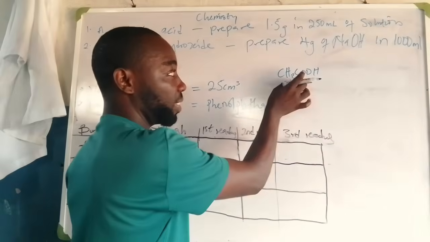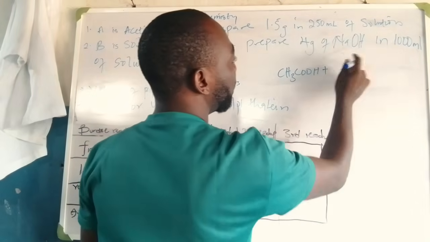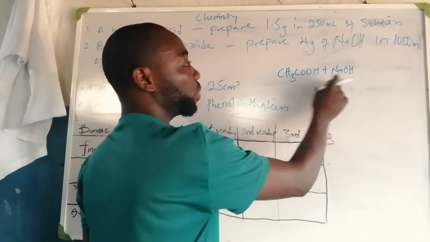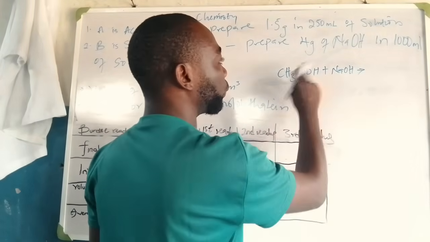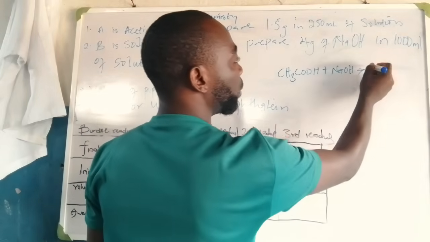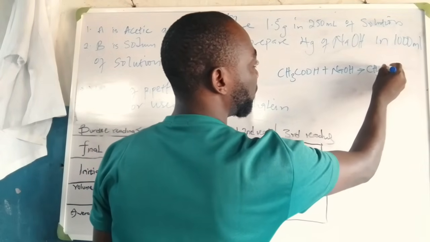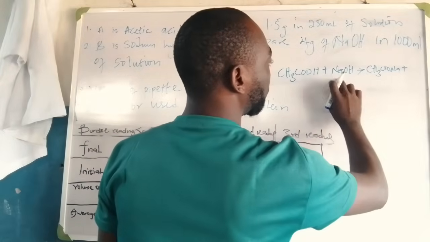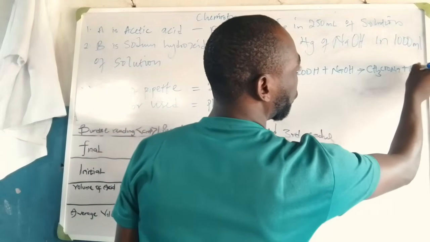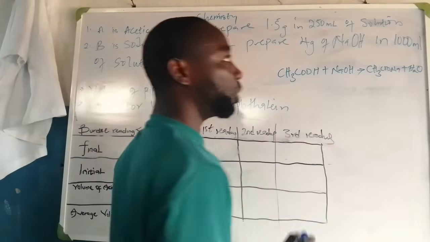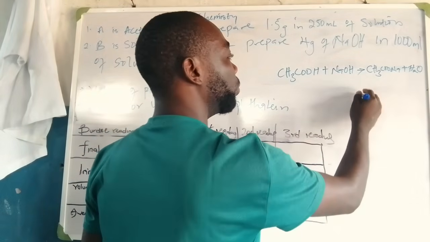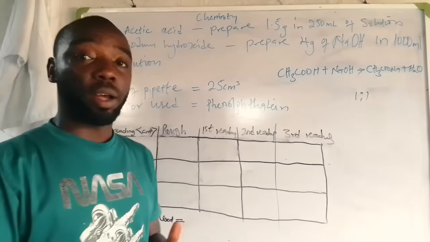Now, reacting with sodium hydroxide, it will give us CH3COONa plus H2O, which is water. So the molar ratio here is 1:1. That is the molar ratio.